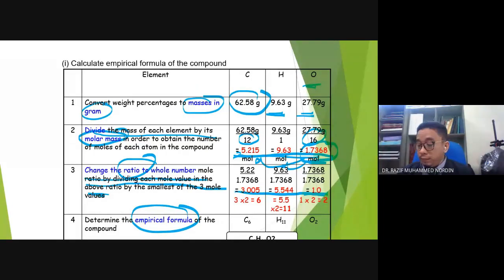Here, when there is 0.5, we must multiply it with 2. When this is multiplied by 2, the others, carbon and oxygen, must also be multiplied by 2. So from here you will get 6 for carbon, 11 for hydrogen, and 2 for oxygen. So its empirical formula will be C6H11O2, with the 2 as a subscript.